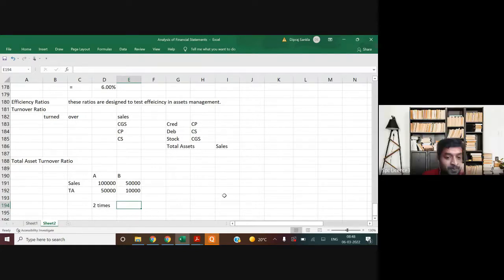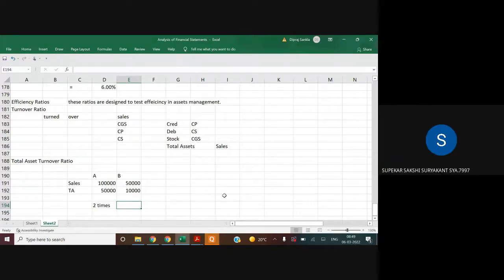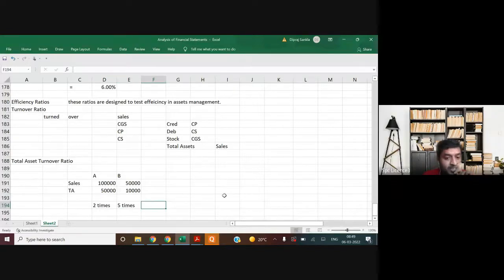But in case of B company, the value of total asset is 10,000, but it is successful in generating sales which are 5 times the value of total asset, na? Now, in comparison, A's sale should have been 2,50,000 in comparison to B company, but it is only 1 lakh rupees, na?